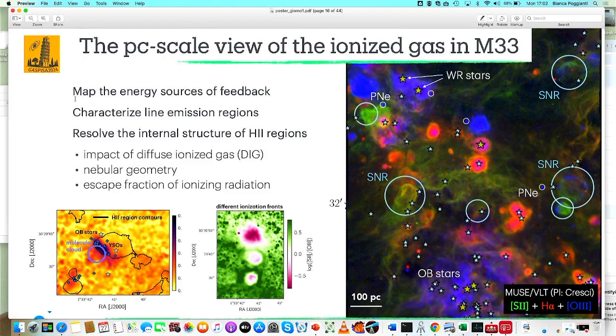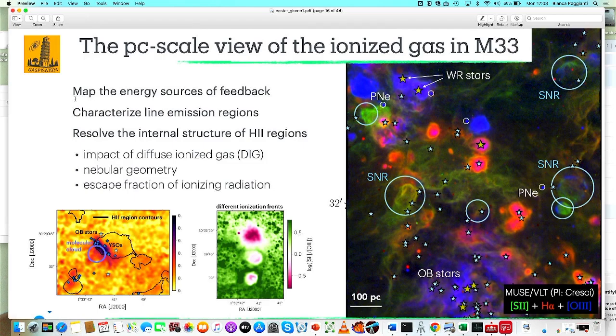Most of these nebulae are basically HII regions ionized by Wolf-Rayet stars or OB stars. But we also have some supernova remnants, planetary nebulae, and we can also study the emission from the diffuse ionized gas. So there is actually a wide variety of studies that you can do with these data sets. We can link the emission line properties with the energy sources of feedback.